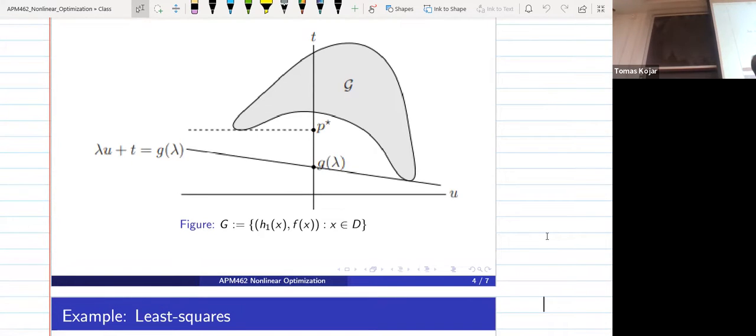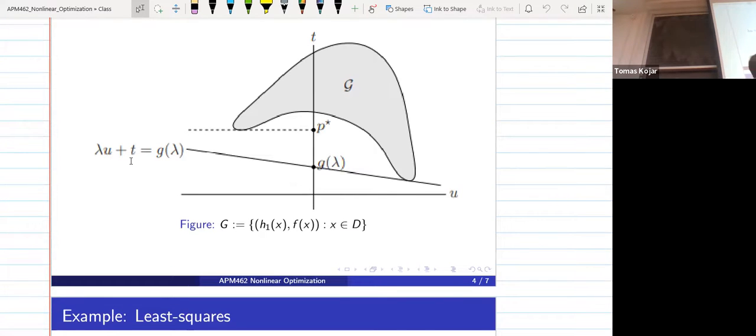You maximize G(lambda). So, okay, what is this picture? T is the function, and U is the constraint. U is the constraint, T is the function, and this picture proves the big duality.